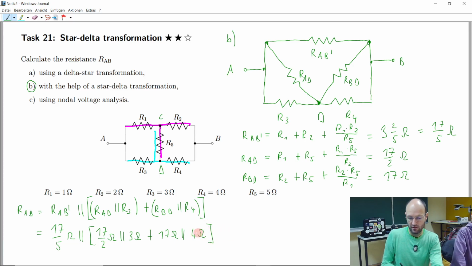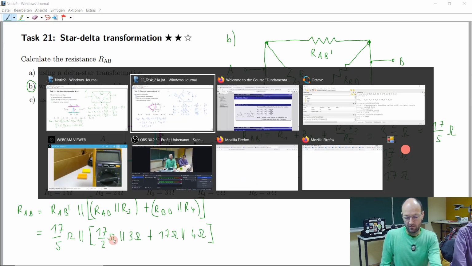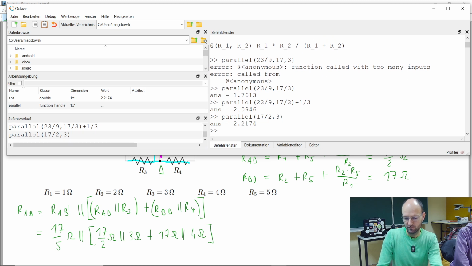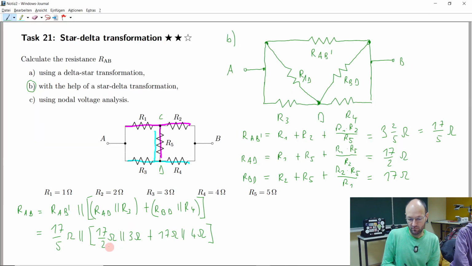Okay, and so then let's look for the Octave window. We still have this parallel function there, so the parallel function of 17 divided by 2 and 3 gives us 2.2174 ohm.